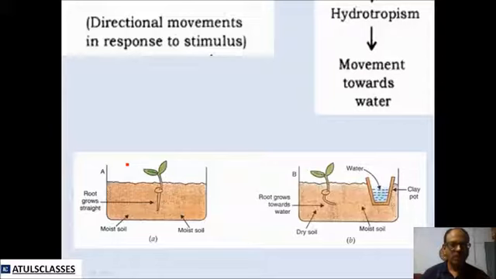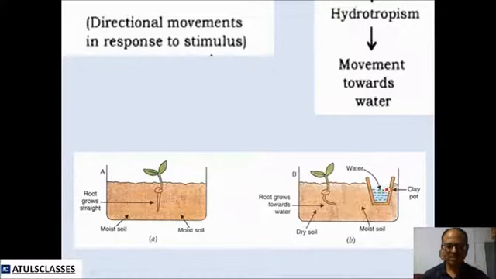Hydrotropism, this is a movement of plant parts towards the water, and here you can also perform this experiment at home. Take a small pot, keep one porous pot into a bucket or any vessel that you are carrying, then you will find that the growth of root will take place towards the water, which is in the direction of the pot.